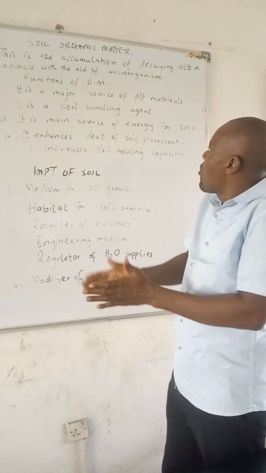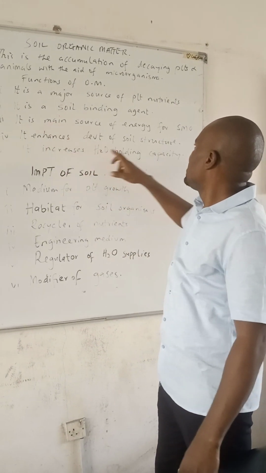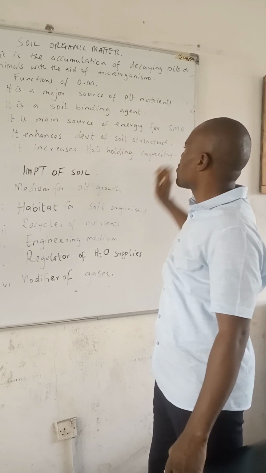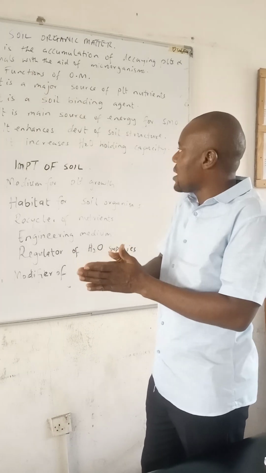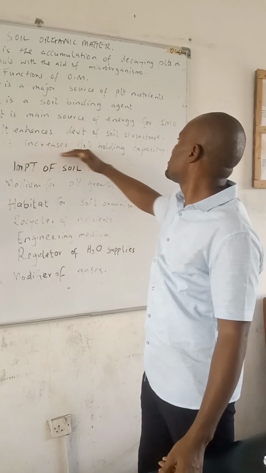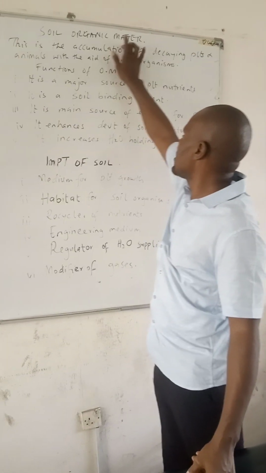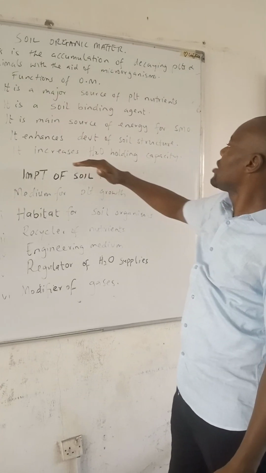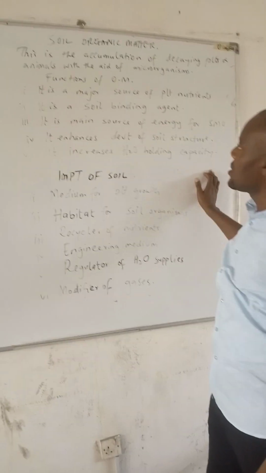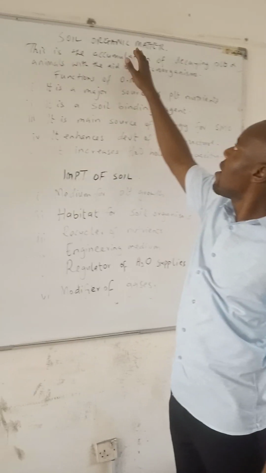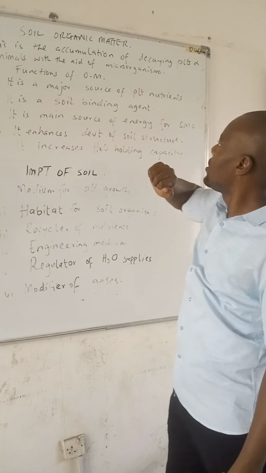Once it's able to cement them, it will increase the development of soil structure. The structure of soil will develop better, and it will increase water holding capacity. In soil where we have higher organic matter content, that soil has higher water holding capacity, unlike where we don't have much organic matter in the soil.